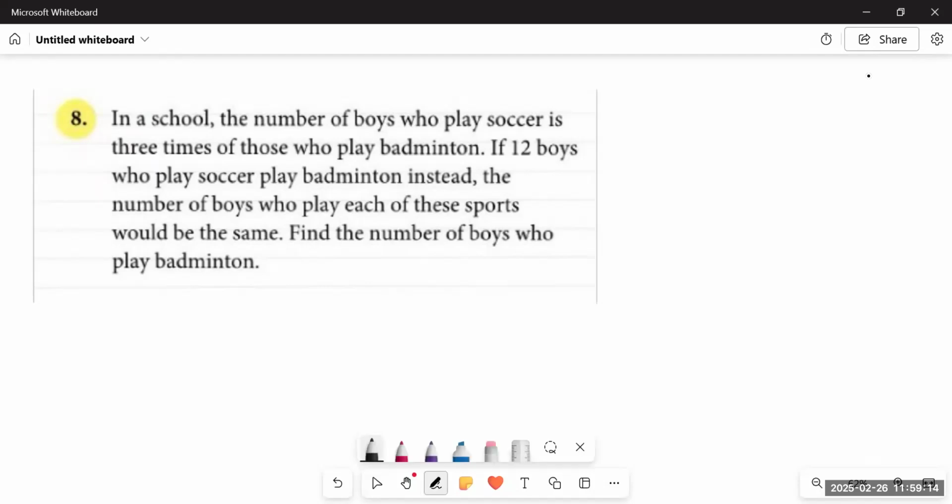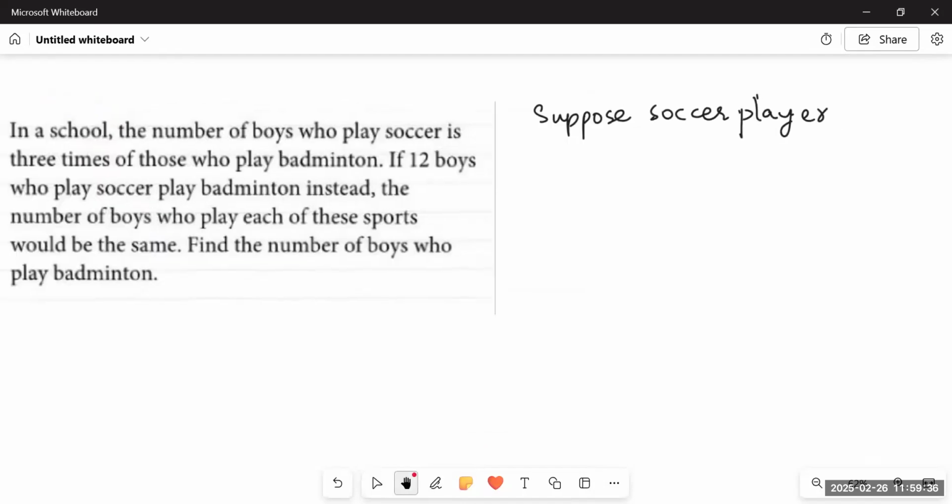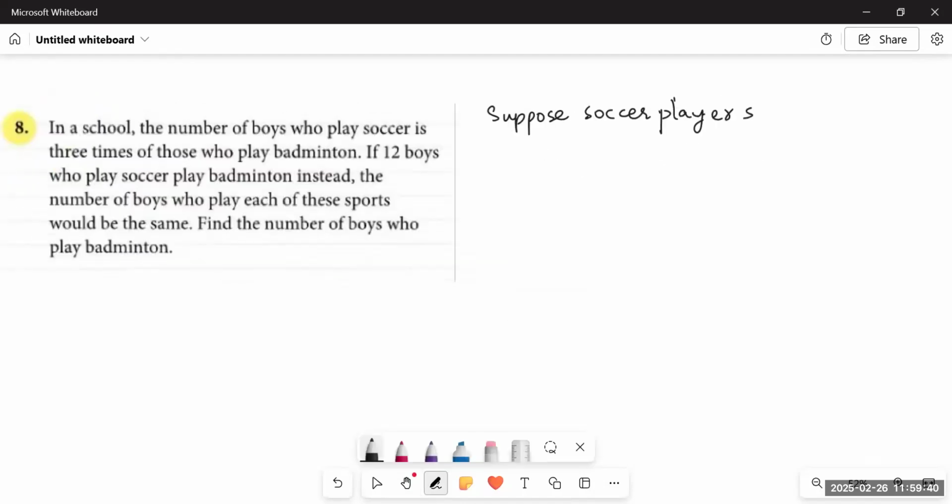So let us suppose soccer players as S, and those who play badminton as B. We don't know the number of soccer players nor the number of badminton players, but they're saying the number of boys who play soccer, means S, is equal to 3 times B. So the equation would be this.